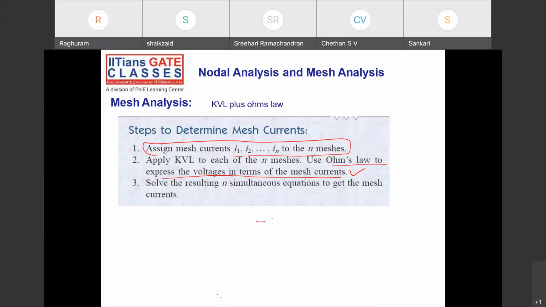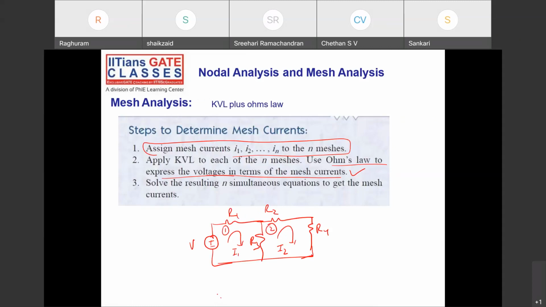See again, you have two meshes here, so I have two equations, for I1 and I2, for the first mesh and the second mesh.